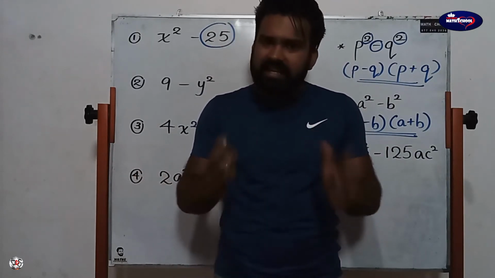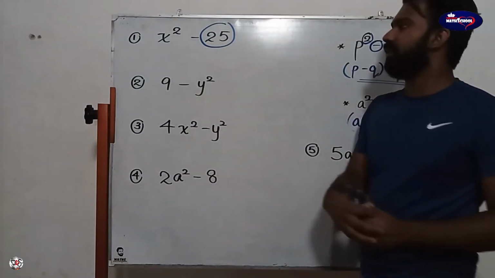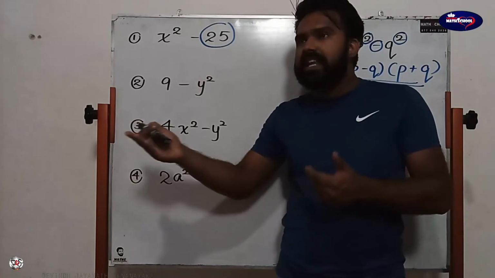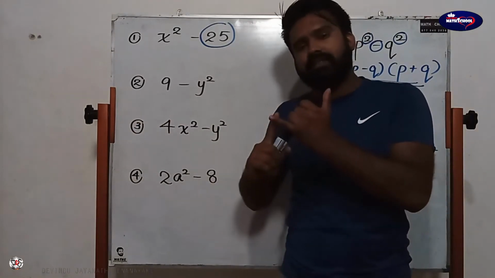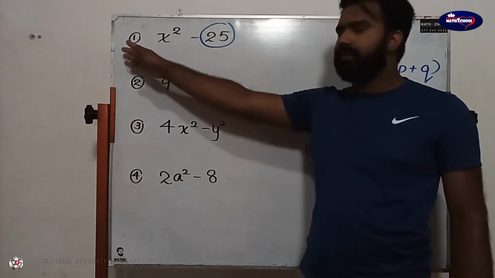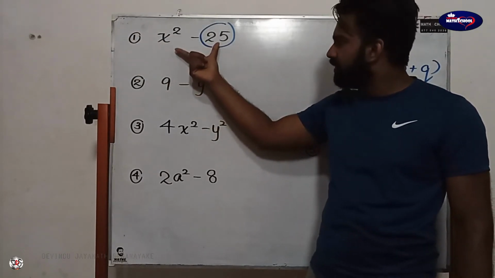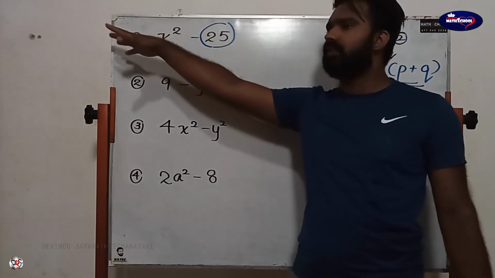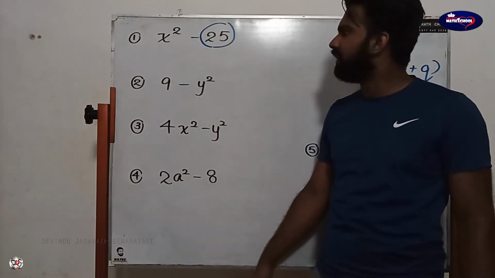Now here, after that also, if we are unable to take that as a trinomial expression, see, nothing to take out as a common factor in these two, this term and this term. We can't take anything as a common term. Nothing is common.